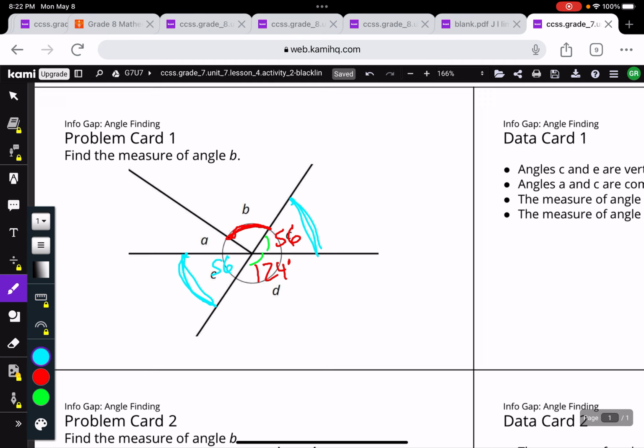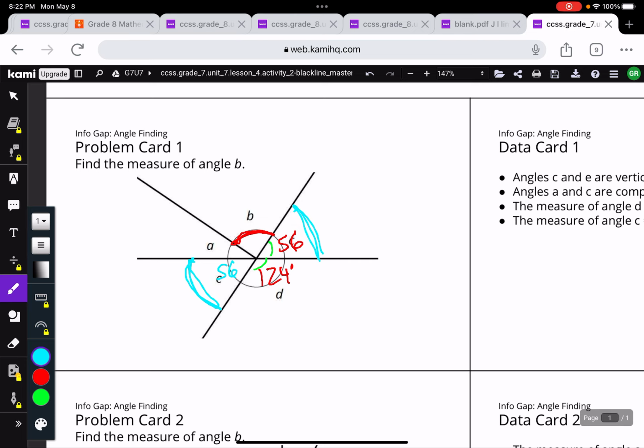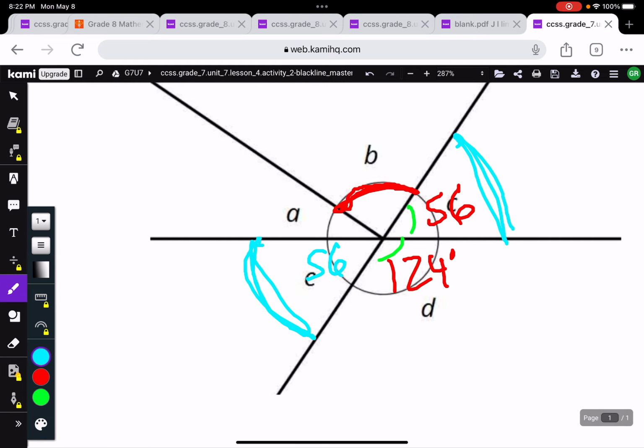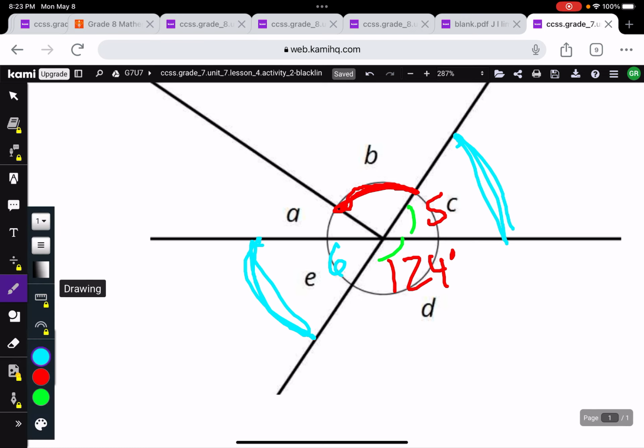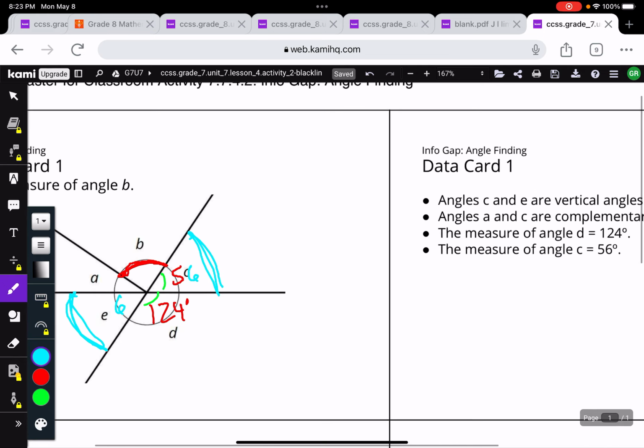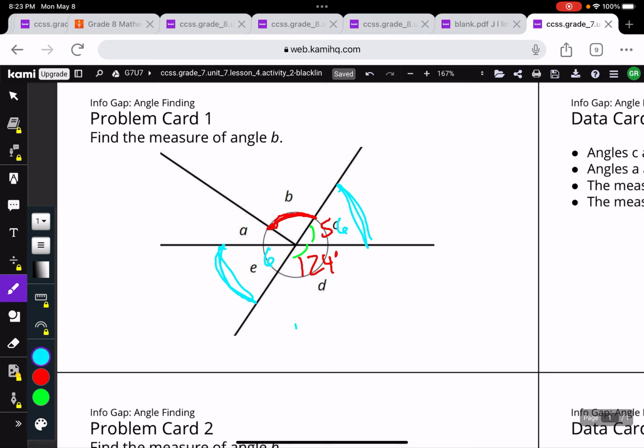That might be useful. It says C and E are vertical angles, so guess what? We just did that. It says A and C are complementary. Which one is C? There's C, that one. If they're complementary, it means A plus C equals 90.